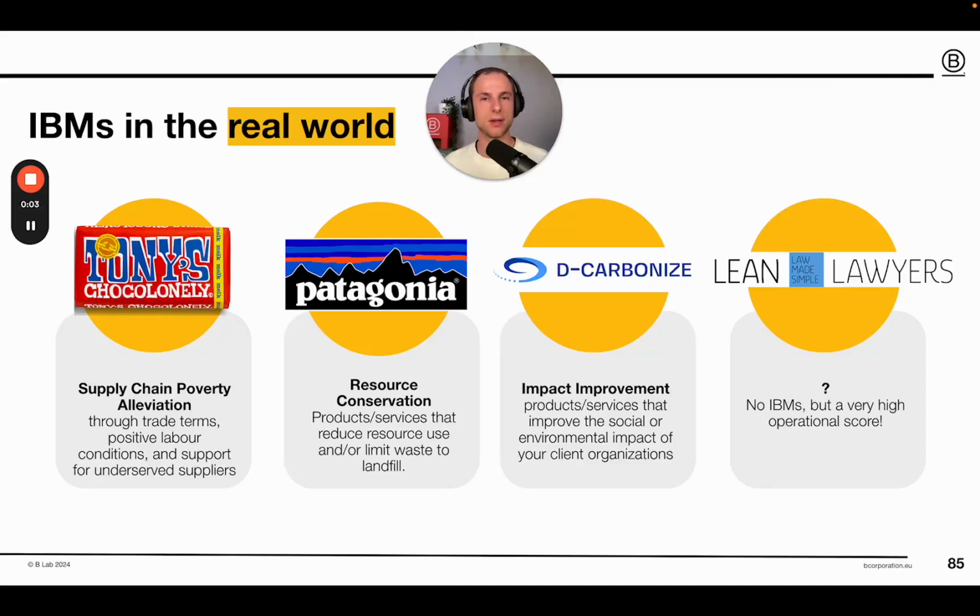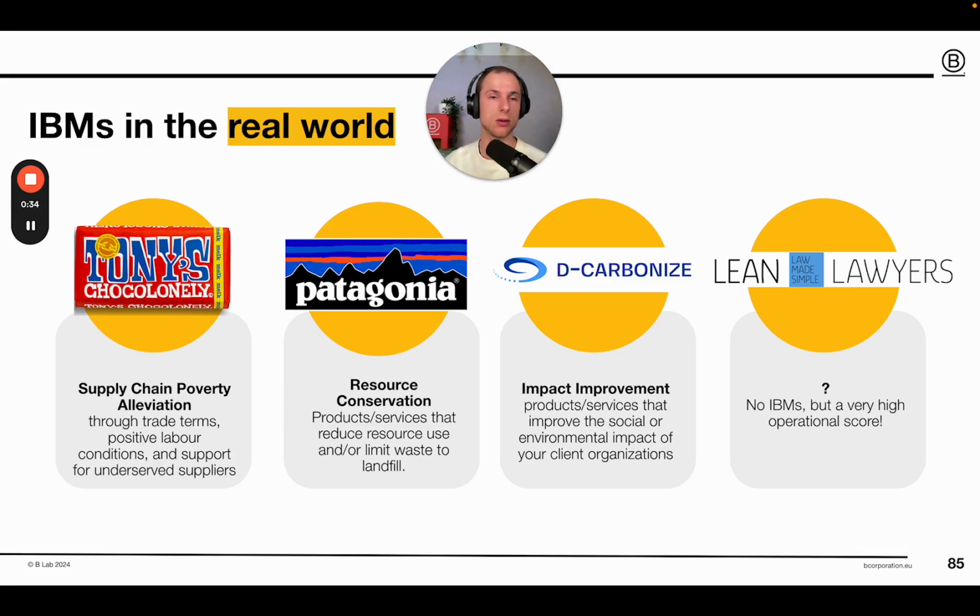Finally, we also have some examples here of what impact business models can look like in the real world. So we've collected some of the Benelux B Corps here and their respective IBMs. So starting from the left, you'll see that Tony Chocolonely, which may be a familiar name to some of you, actually scores points in the supply chain poverty alleviation impact business model. What does this mean?